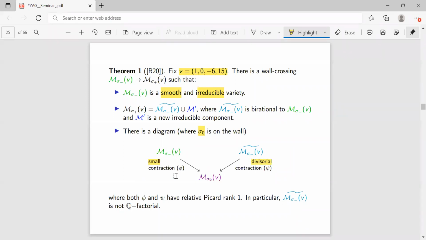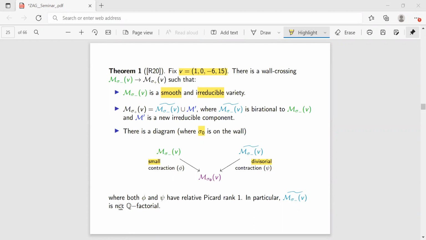And also we can show that both of these contractions have a relative Picard rank 1. And so in particular, that implies that this space here is not Q-factorial.